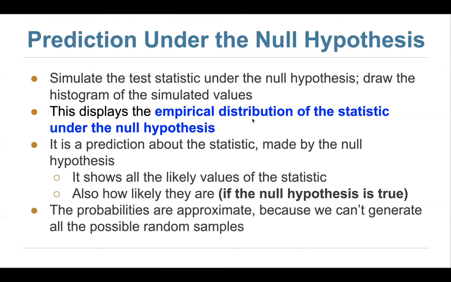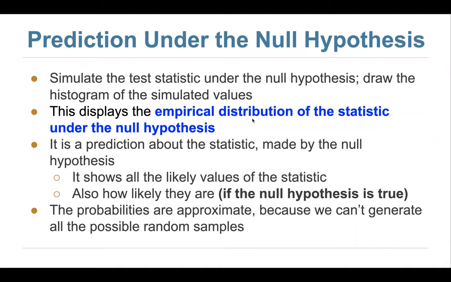The thing to keep in mind here is that these probabilities are approximate. We can't actually generate all possible random samples. We just did 1,000 samples today, but there are maybe 1,000,000 different ways that you could create a jury panel of 1,423 people. Ideally, you'd want to get all of those possible ways of drawing jury panels and look at the distribution of the TVDs.